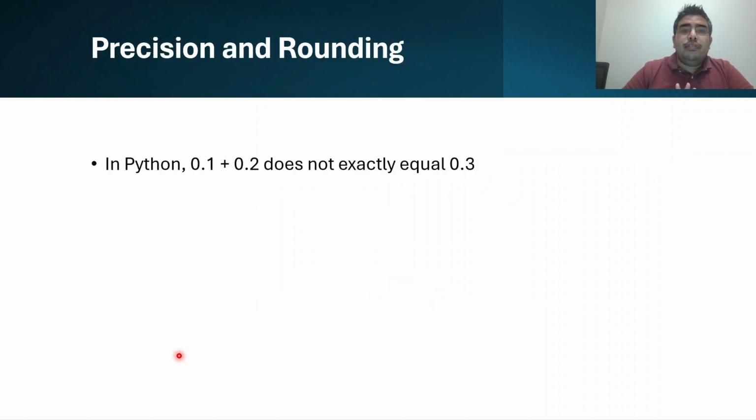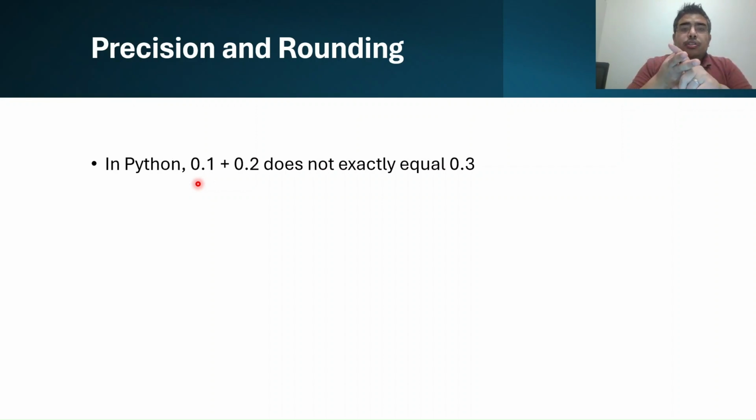Precision. Now we get into more division and addition and more about decimals. In Python, 0.1 plus 0.2 doesn't actually equal 0.3, and I'll prove that to you during the coding section.